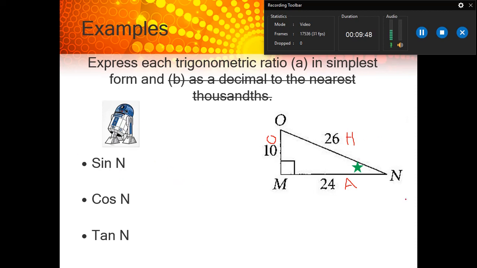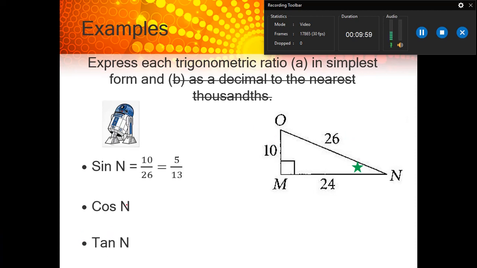So if you're here at N and the sine ratio is some old hobo, the ratio is 10 over 26. Now, if you can reduce the ratio, you must reduce the ratio. So both of these reduce to 5/13.